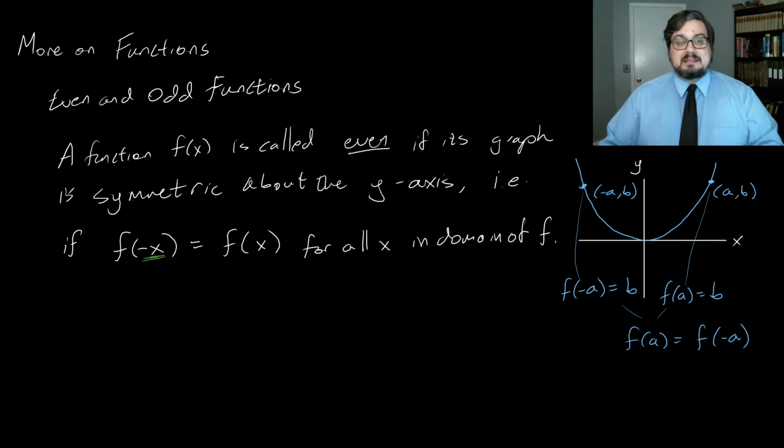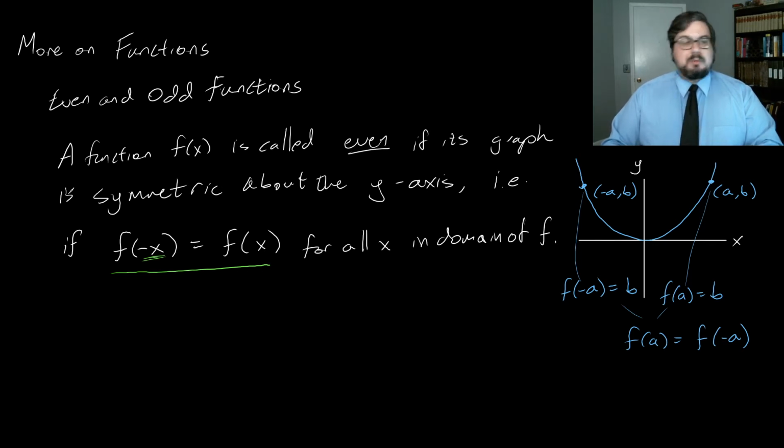You get exactly the same thing back. And so that's what's being stated algebraically here, that's the algebraic version of the geometric picture over on the right. So that's what it means for a function to be an even function.